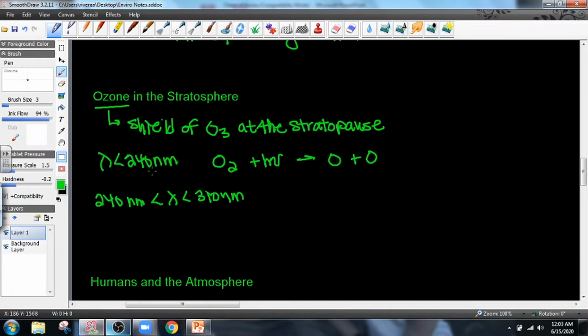Because UV is not just 240. Like UV has a range. There's UVA, UVB, UVC. And so we don't want exposure to any of those wavelengths of UV radiation. So what are those wavelengths good for? Those wavelengths actually will serve a purpose for us by being absorbed by O3.